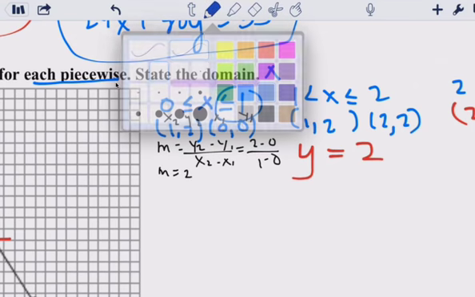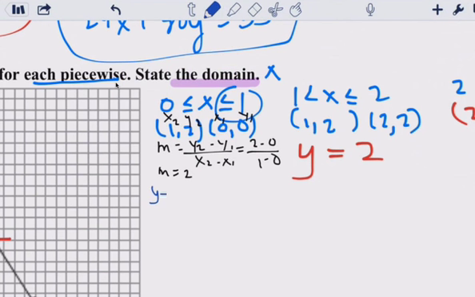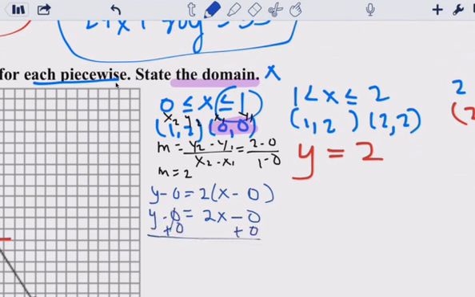Okay, so therefore I use y minus 0 equals to 2 parentheses x minus 0. I'm using this pair right there. So I go y minus 0 is y equals to 2x minus 0. Or if you're confused with this, y minus 0, add 0, add 0. Y equals to 2x, add 0, or just y equals to 2x, okay?